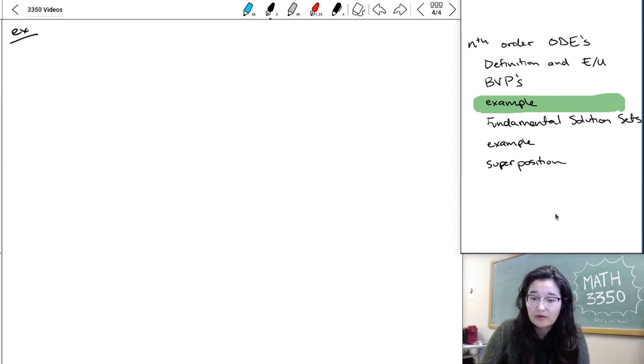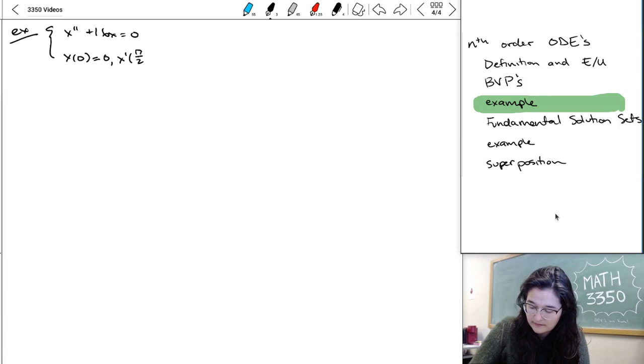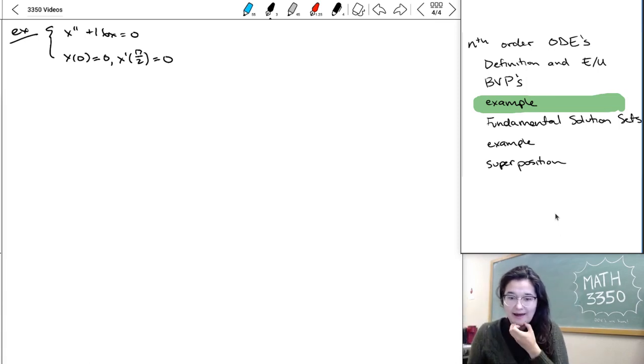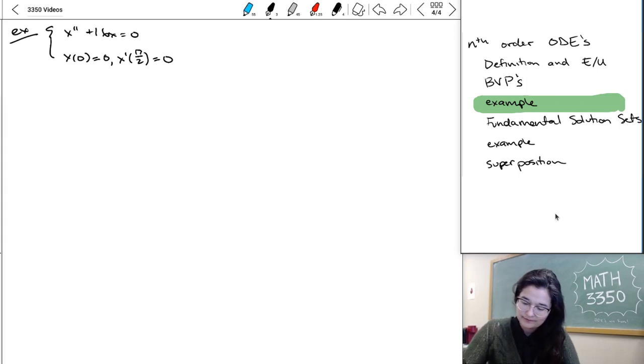But our next example is going to use that same differential equation. But now we're going to consider a, sorry, I'm so used to writing initial value problems for you all that I wrote a derivative, but it's going to be a boundary value problem. We're going to think about t falling between 0 and pi over 2, and x has to take on value 0 at either of those points.